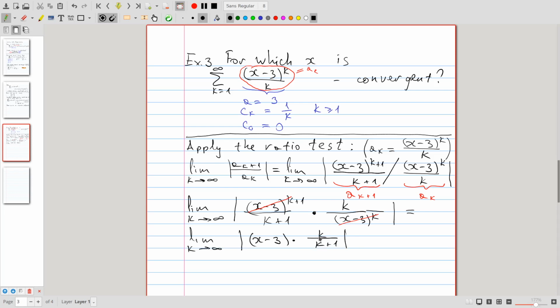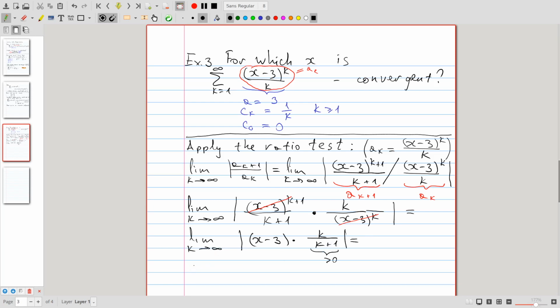Now, unlike in the case of number series, we must retain the absolute values here, because we do not know anything about the sign of x minus 3, right? It can be both positive and negative. We cannot tell this in advance, so we must keep the absolute values. What we can do, though, is to take this factor, which is positive, outside of the absolute value sign.